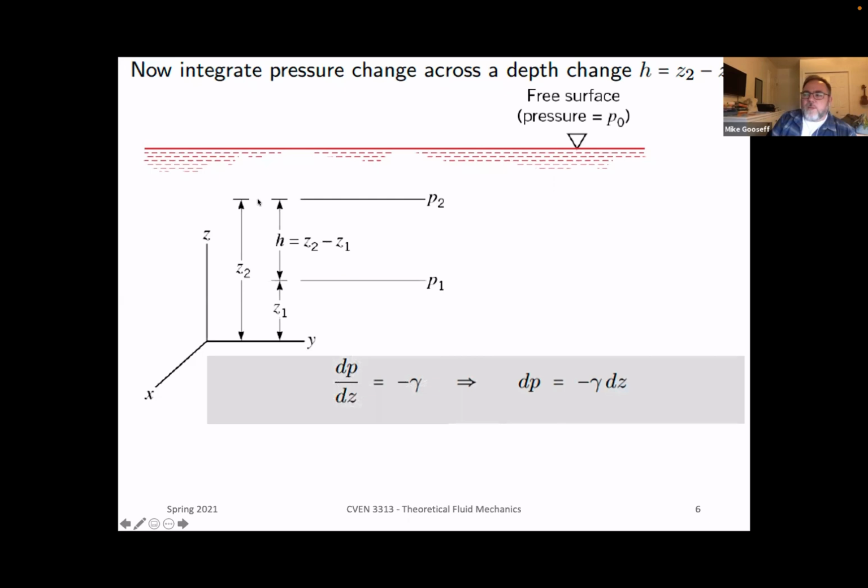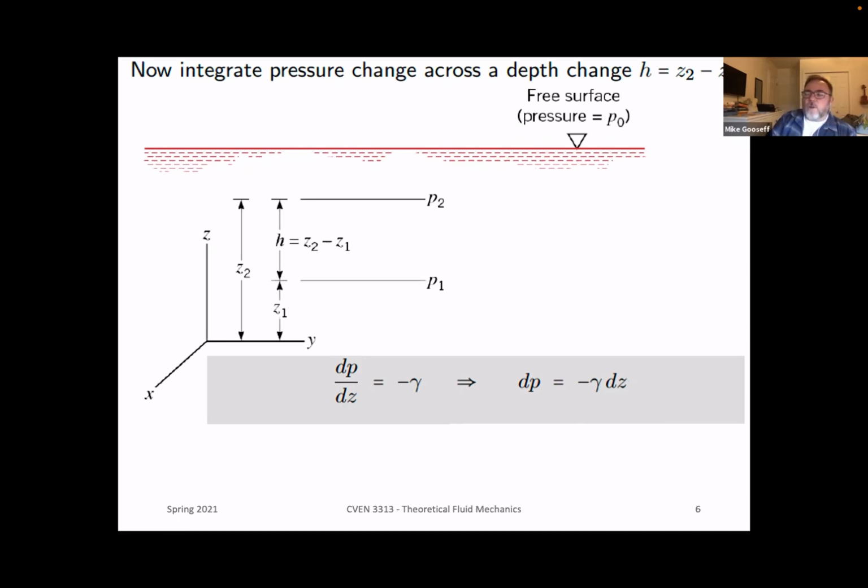So when we went through this, we said from the previous slide, we changed it from a partial differential to dP dz is equal to minus gamma. What we could do then is rearrange this to say that the change in pressure is equal to minus gamma times the change in elevation, all right?